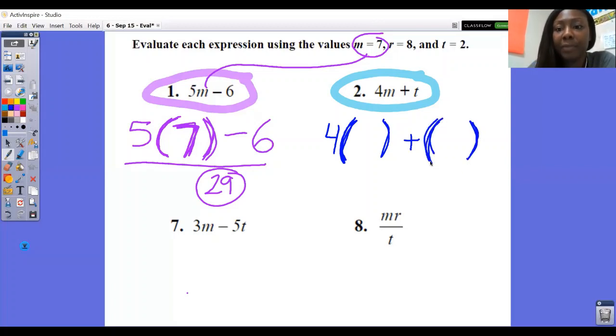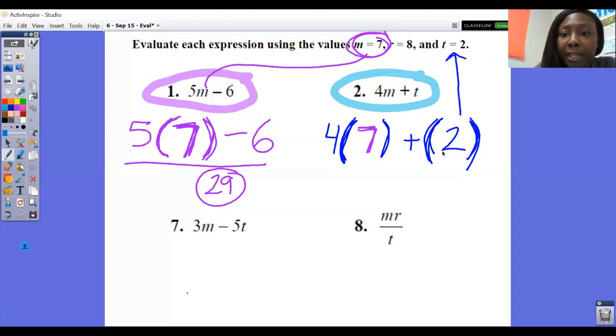Like I said, there's 2 different variables, so 2 different things get plugged in. Remember what the m equaled? If you don't, you can look at the top. The m equals 7, so instead of an m, I'm going to replace it with a 7. However, the t equals 2, so I'm going to plug in a 2 instead of a t.